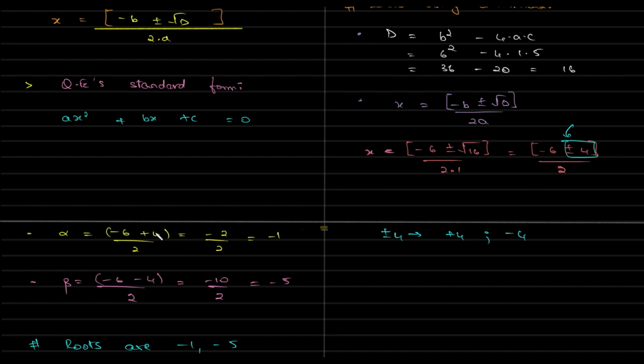So individually, if I take plus 4 and minus 4, those are your alpha and beta. There's no rule that alpha has to be plus and beta has to be minus. There's no particular order, but yeah, we're looking at alpha and beta to be, one time plus square root of d, and beta is minus square root of d, or vice versa. It can be in any order, no compulsion.